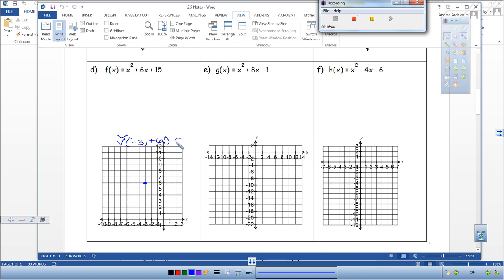Then my a value again is 1, so I have to move up 1 and over 1, up 1 and left 1. Then up 3 and over 1, up 3 and over 1. And then this is my beautiful parabola. I can't do the 5 because I'm going to run out of spaces. Any questions over that?